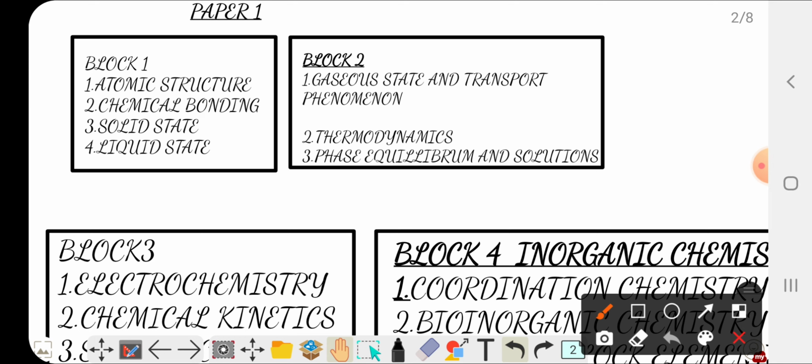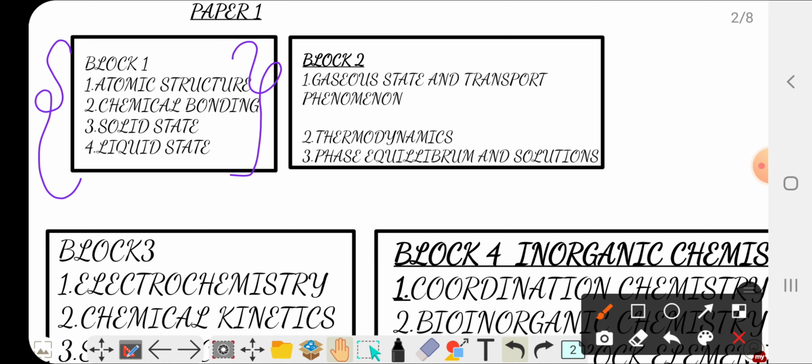I will suggest that you prepare these blocks all together for a more comprehensive study, because covering these chapters together in a sequential manner will require less effort and give more understandability.